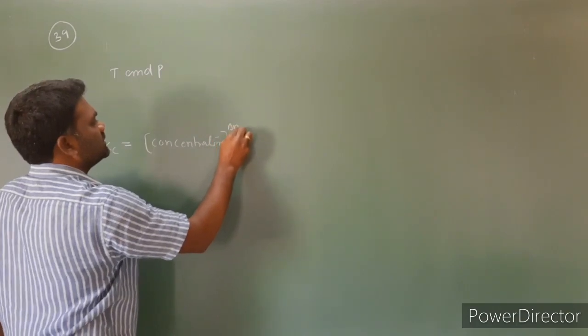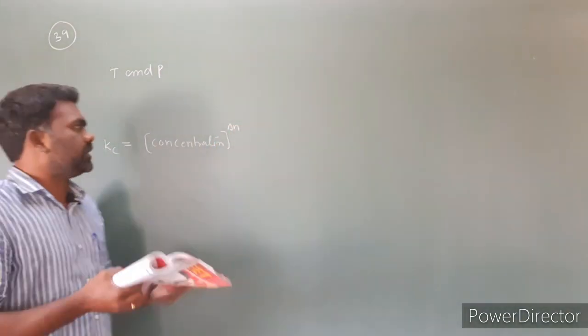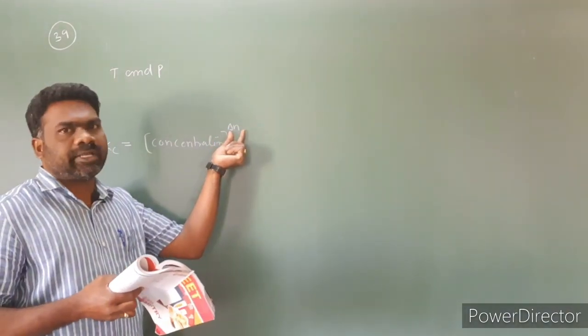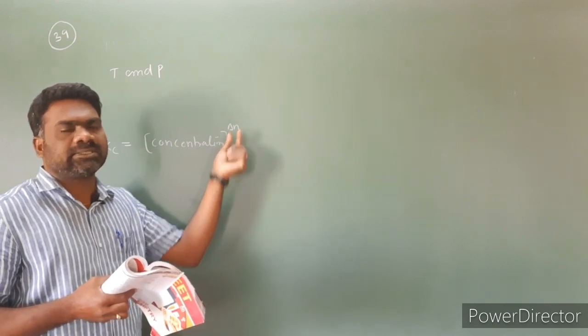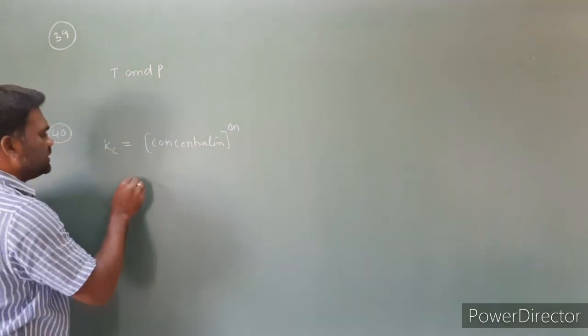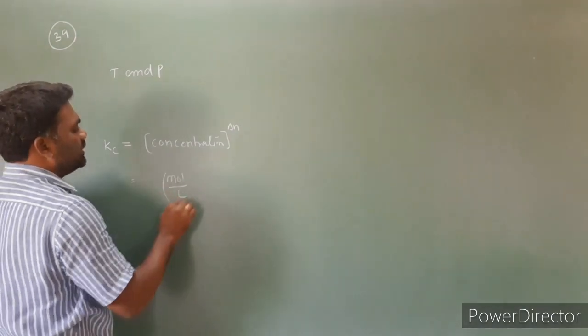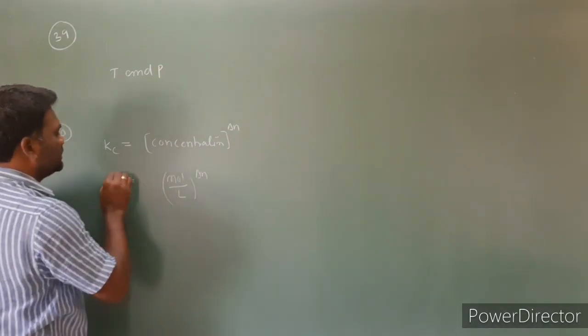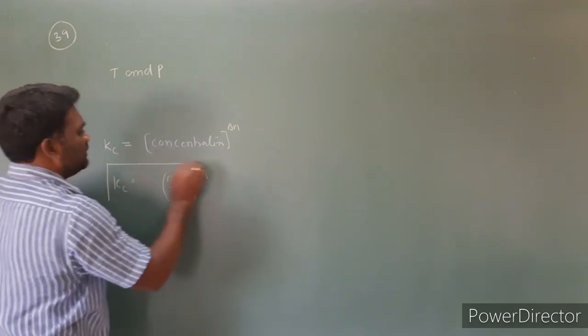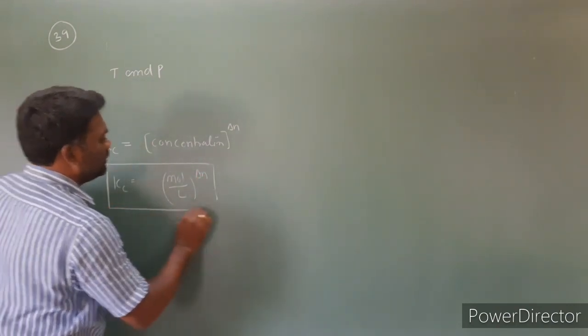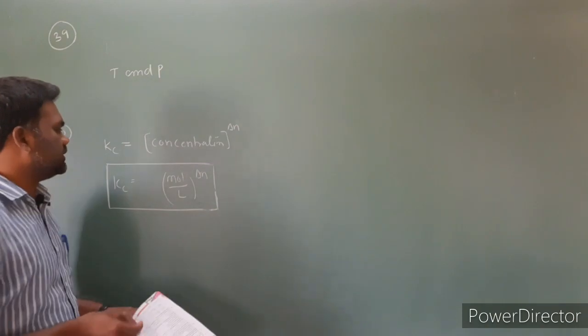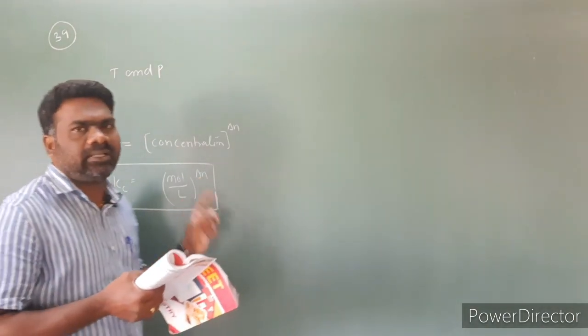Here delta n is the number of moles of gaseous products minus the number of moles of gaseous reactants. Concentration is nothing but mole per liter. So, mole per liter power delta n. This is the general equation for units of Kc.